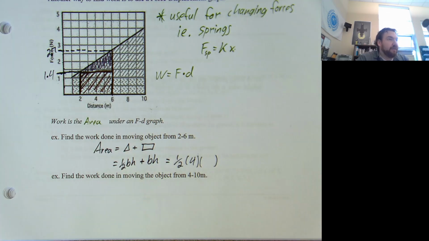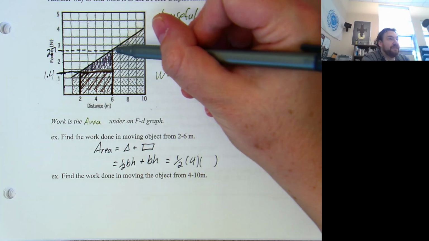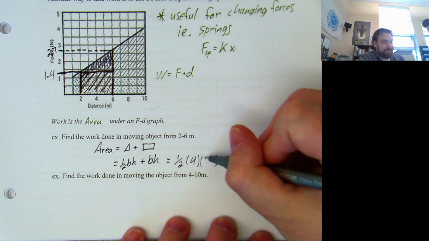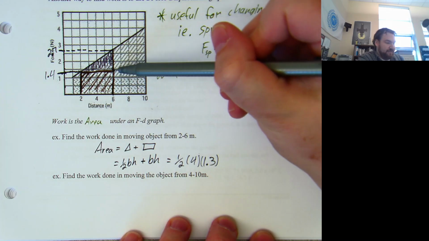What's the height of the triangle? Well, the triangle starts right here at 1.4 and it goes up to here at 2.7, which is, you bet, the difference between these two is going to give you the height.